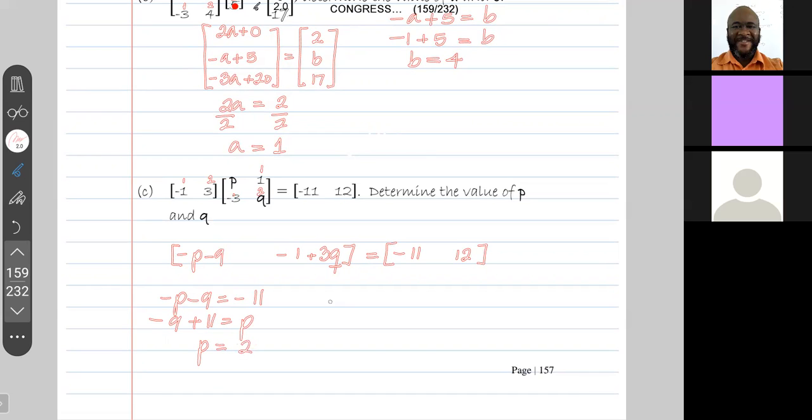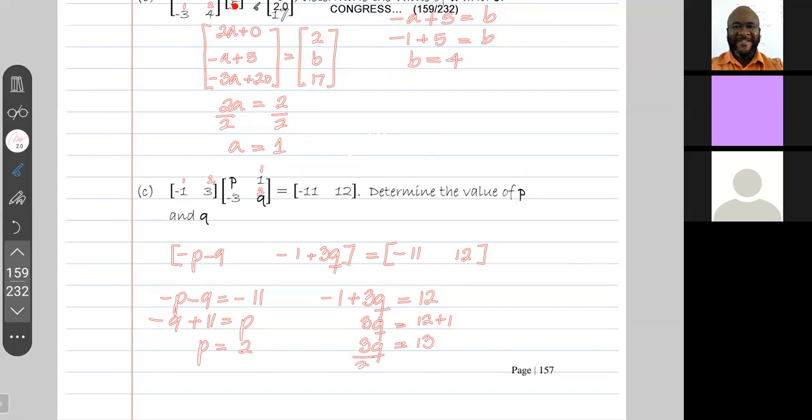Now over to the right, we have minus 1 plus 3Q, which is the right element, and this would be equal to 12. Minus 1 on the left goes over to the right and becomes positive. So we have 3Q is equal to 12 plus 1. 3Q is equal to 13.